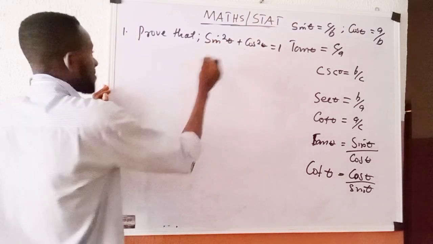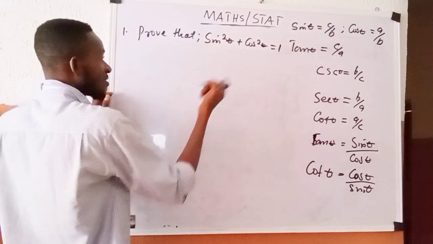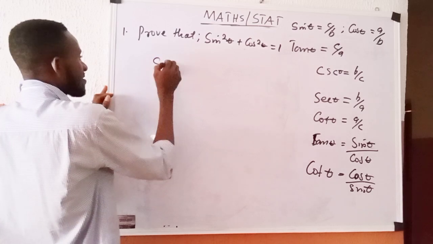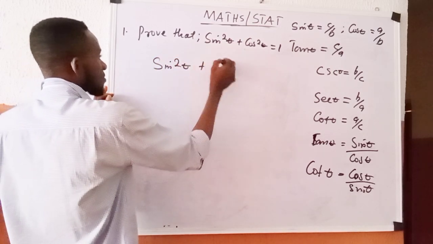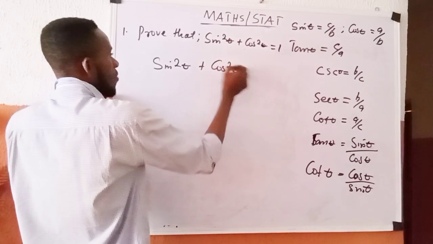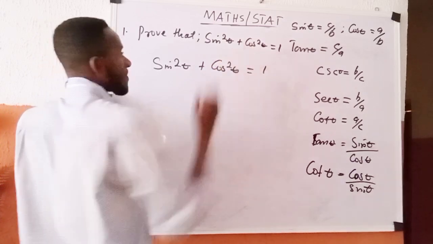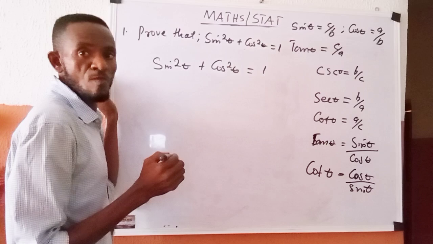So that is going to be proving the second identity of Pythagoras. I have sine squared theta plus cos squared theta equals 1.